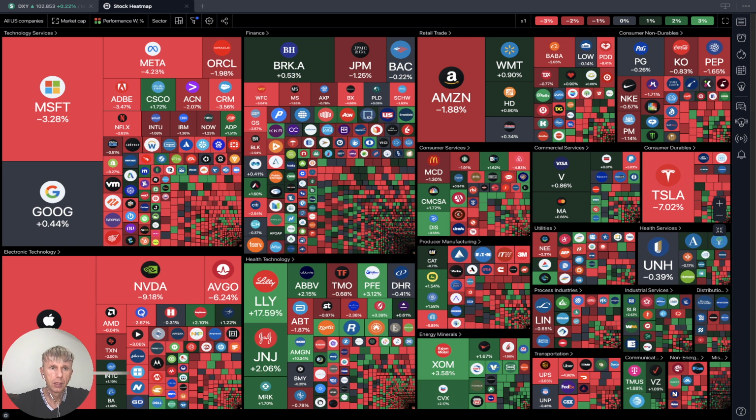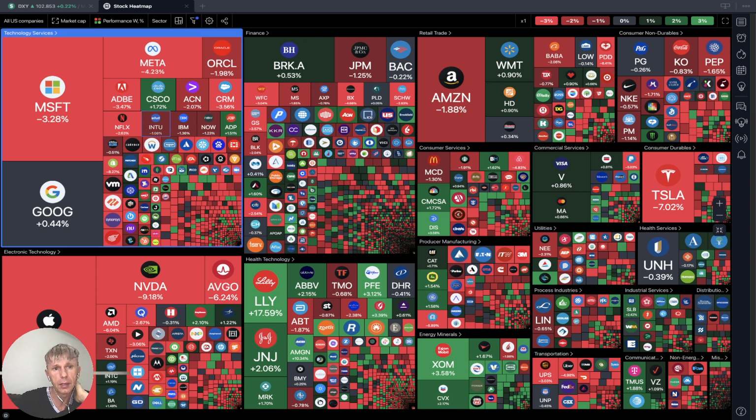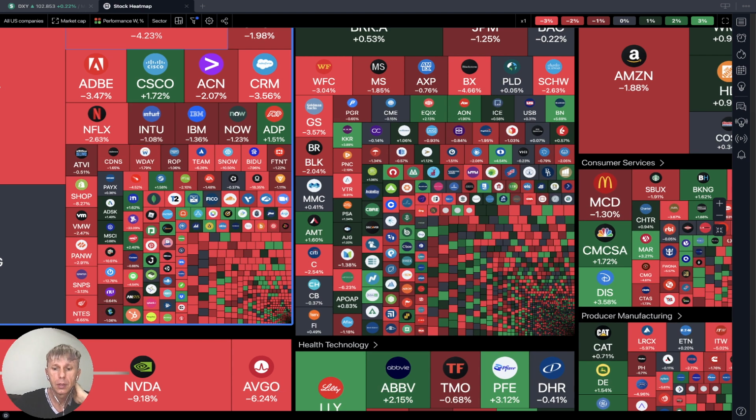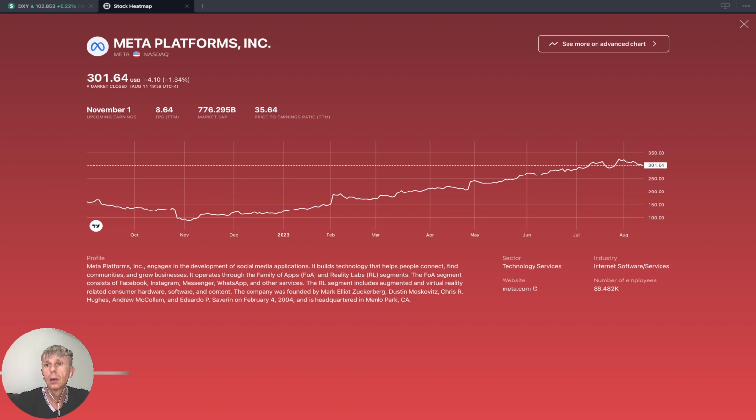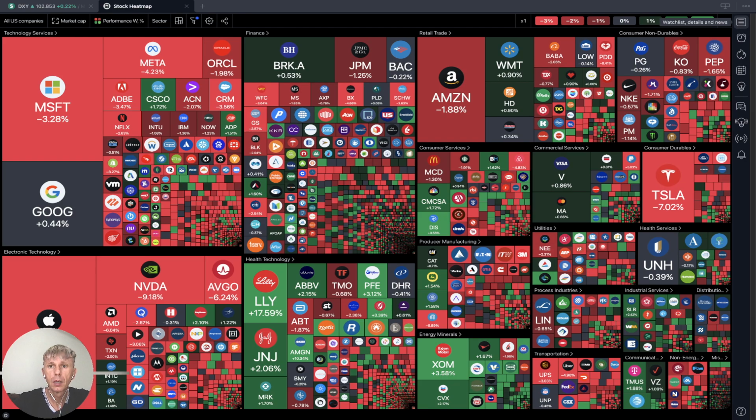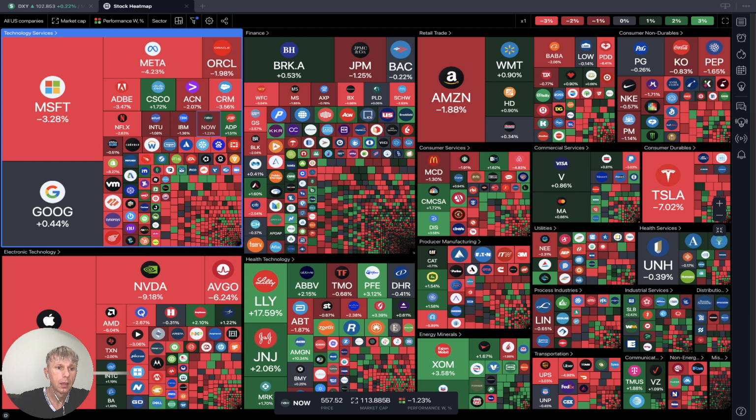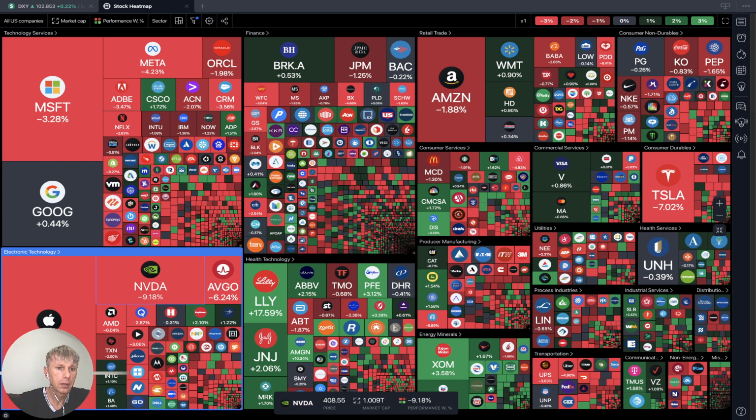Stock market heat map, all USA companies based on market cap and weekly performance. Technology services look red. Electronic technology red.